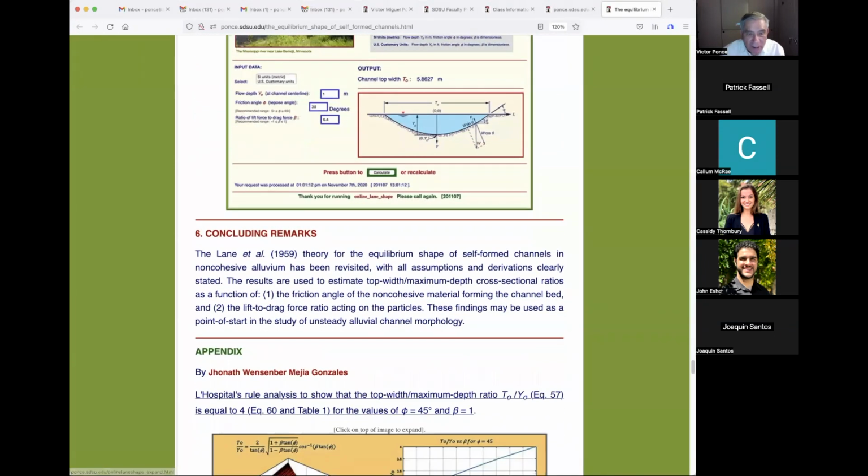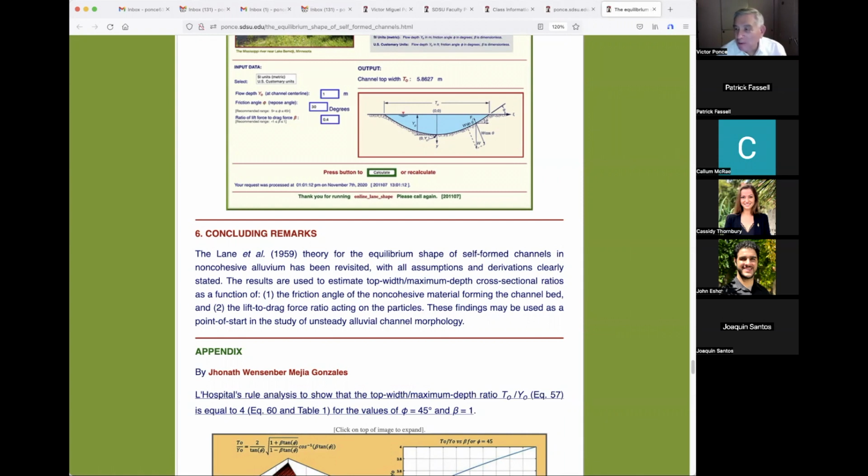So the concluding remarks is that the theory for the equilibrium shape of self-formed channels in non-cohesive alluvium has been revisited. The non-cohesive alluvium, I would say, starts at about phi 20-25. It's a gray area in there, because by the time you get to 15, cohesion starts acting.